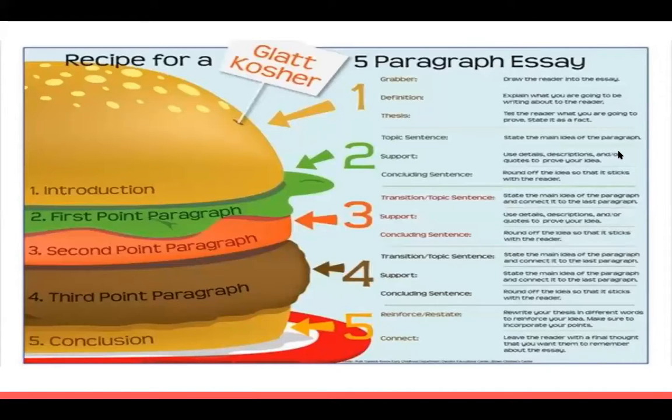Your hook is how you grab your readers into your essay, right? And then your second paragraph is going to be your topic sentence, basically your first point. Then your third paragraph is going to be another point. Fourth paragraph is another point, and then you have your conclusion.